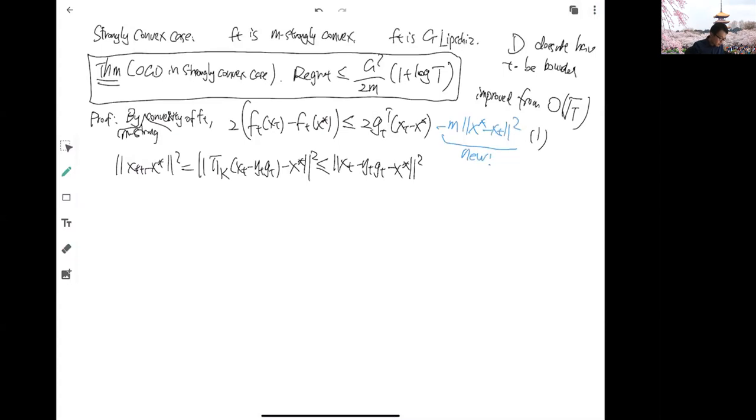Now we can do the same trick by expanding this quadratic function, which gives us xt minus x star squared, plus eta t squared gt squared, minus 2 times eta t gt transpose xt minus x star.